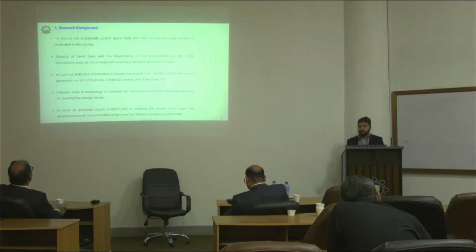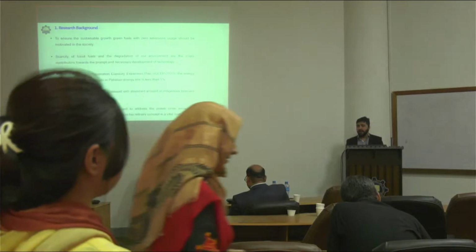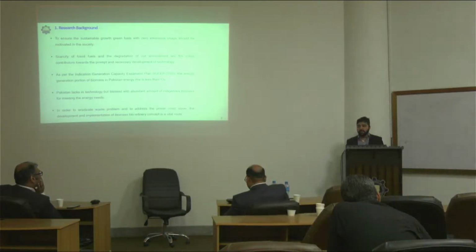For that purpose, I'm trying to improve the fuel quality and add value to the fuel as well as to the components related to the fuel, in order to integrate with the bigger vision concept, a biorefinery model.